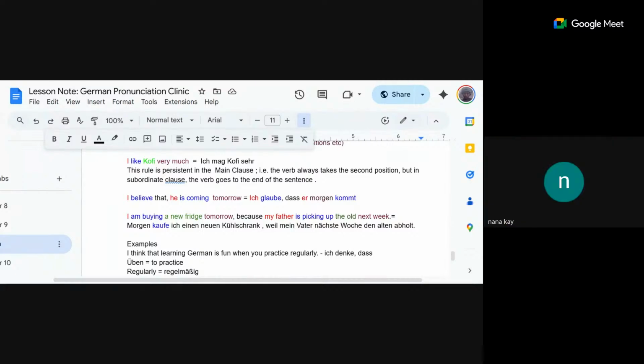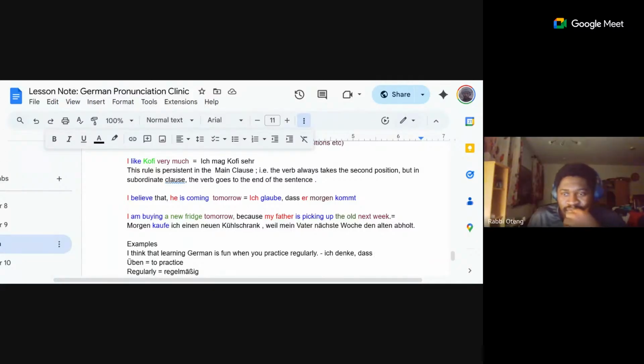Okay, so the verb here is learning, so I'll take it to the original form. Learning German is Deutsch lernen. So ich glaube, das Deutsch lernen. And when we are saying something is fun, we say Spaß machen.